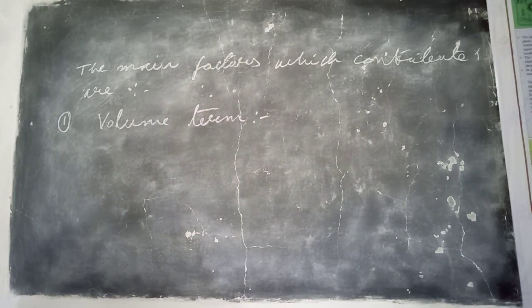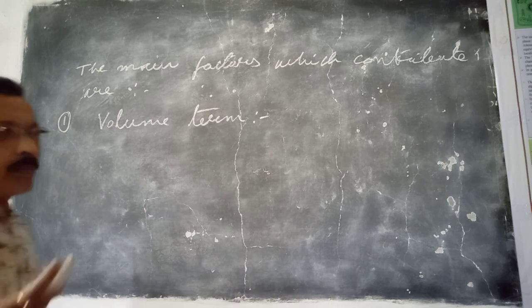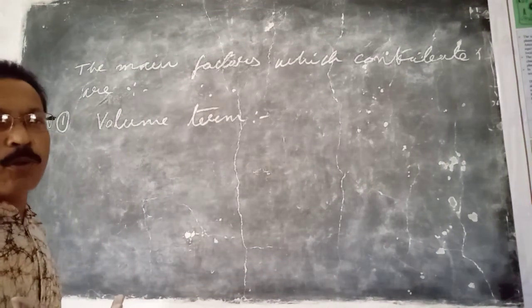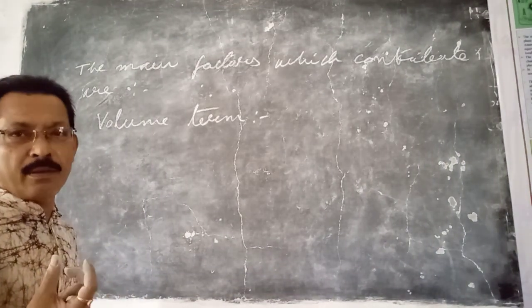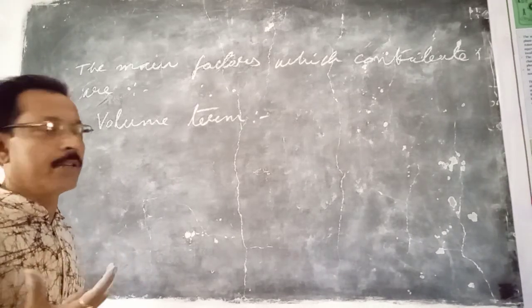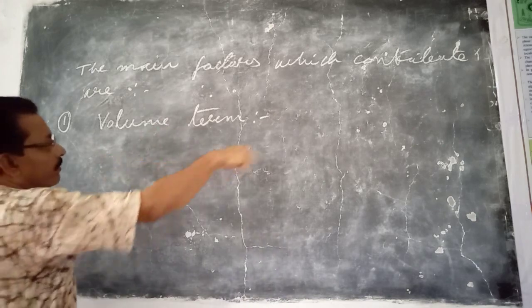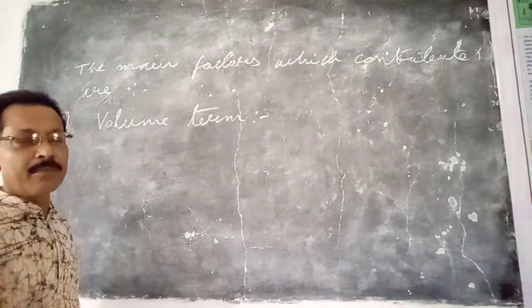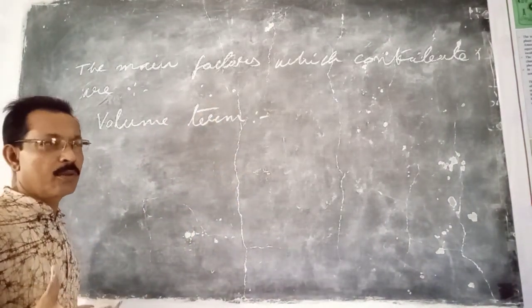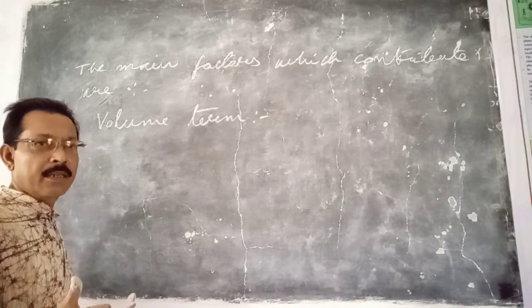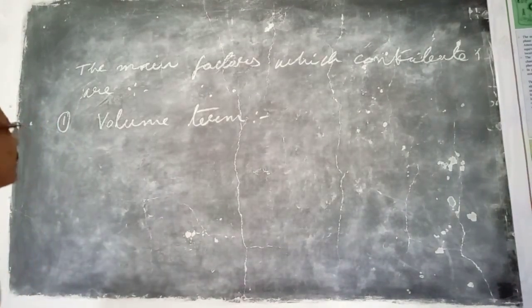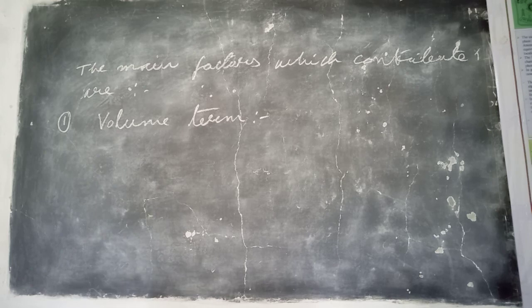Therefore, because of the internuclear forces between pairs of nucleons, either proton or neutron, this will generate the main attractive term, which is proportional to the volume of the nucleus. So the main contribution comes from this volume term.